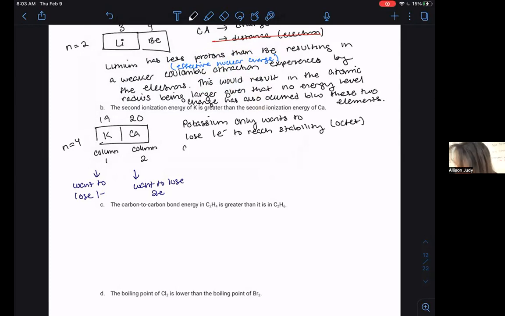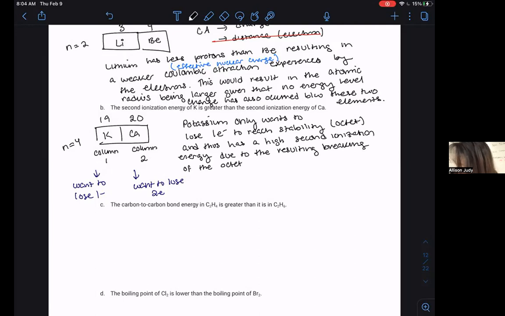And thus it has a high second ionization energy, due to the resulting breaking of the octet if the second electron were removed.